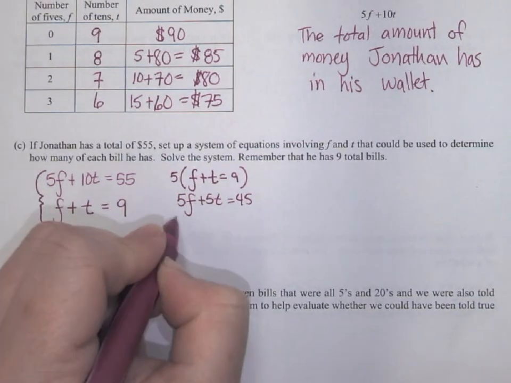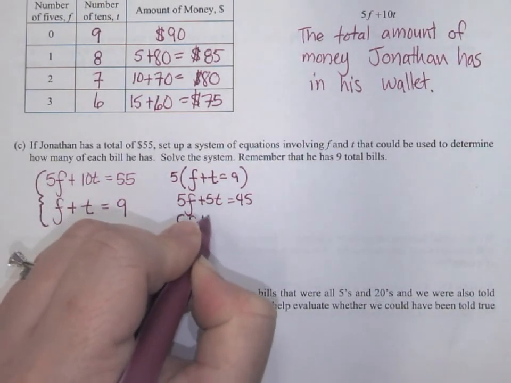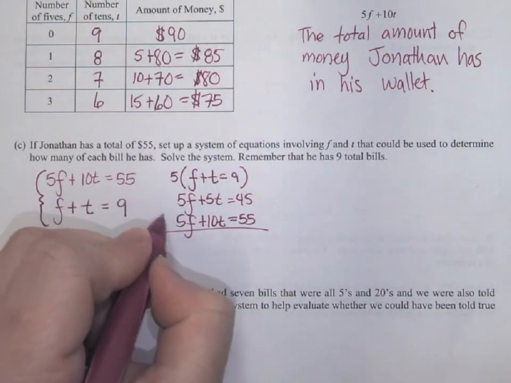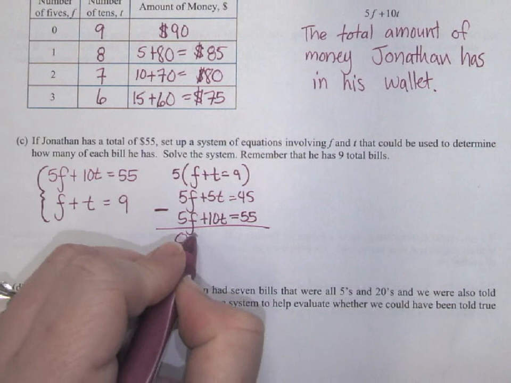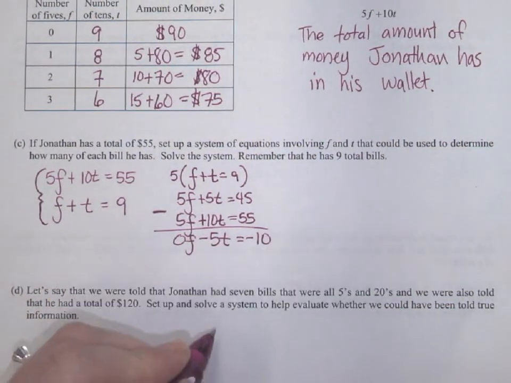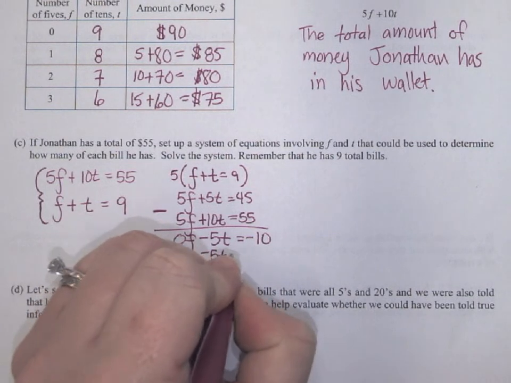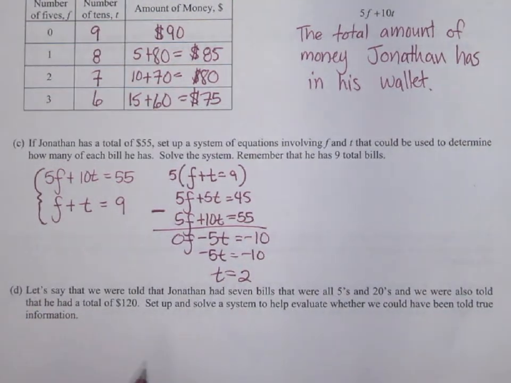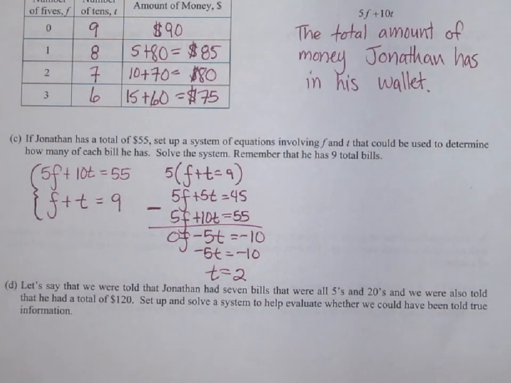And then I have my first equation here. Because they're the same, I subtract. So negative 5t equals negative 10. So t is equal to 2, which means that he would have 2 $10 bills.